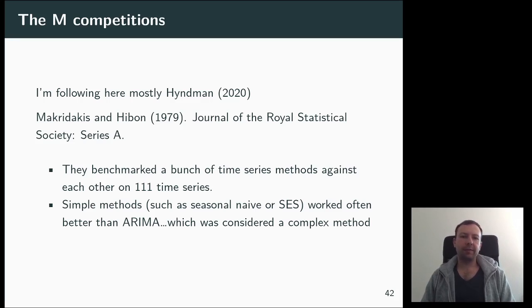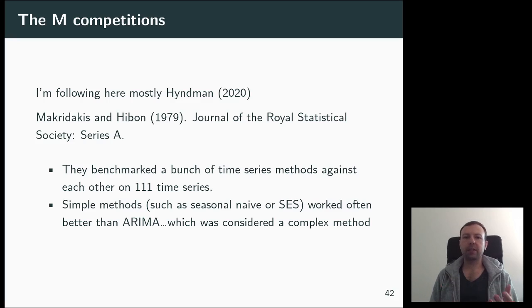So in 1971, Spyros Makridakis, the M competitions are named after him, and Michel Hibon wrote a paper in the Journal of the Royal Statistical Society where they benchmarked a bunch of time series methods against each other on a set of 111 time series.